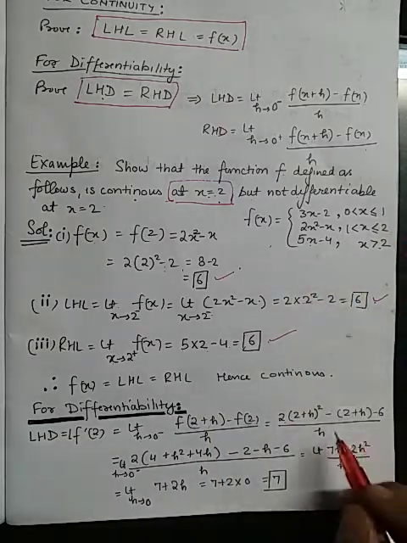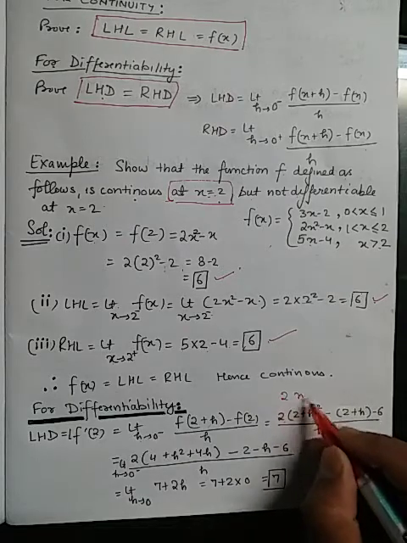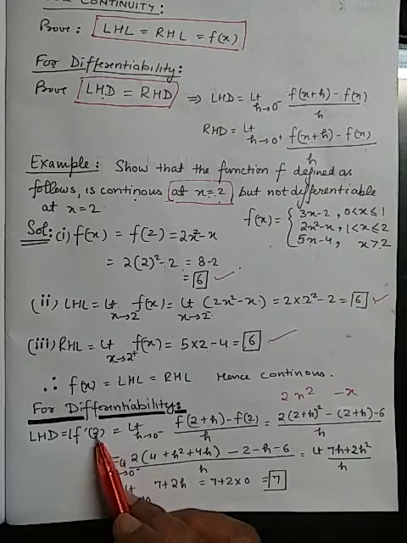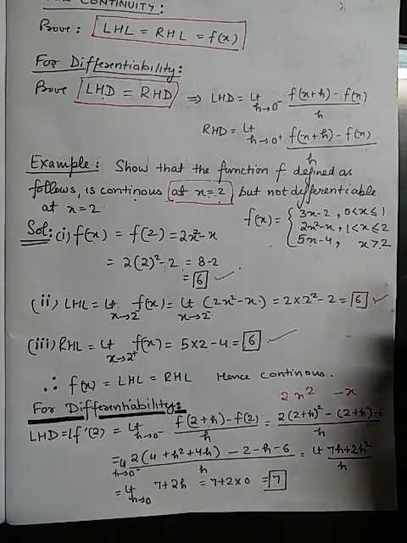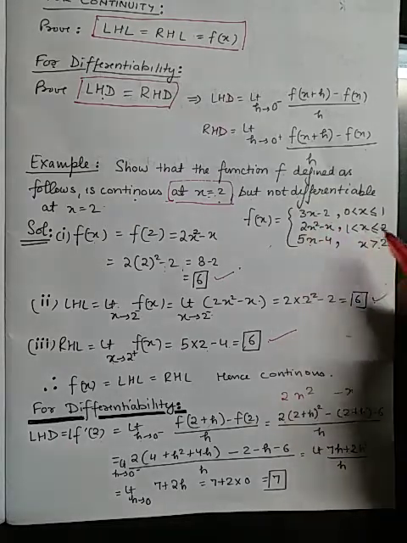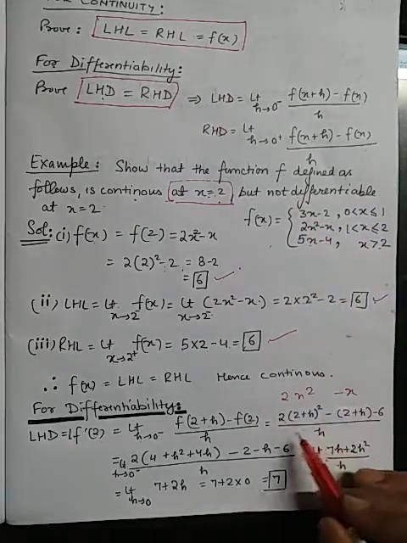Sorry, x. So 2x square minus x, we have to take the equation, because we have to take the equation for 2 minus. So this 2 minus value belongs to this equation. So 2x square minus x should be taken.